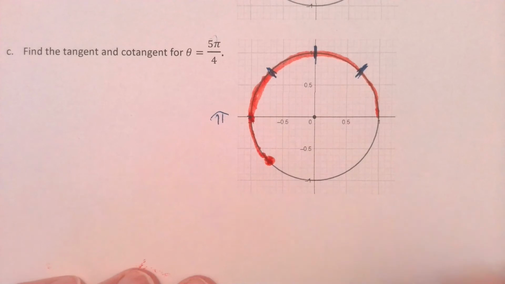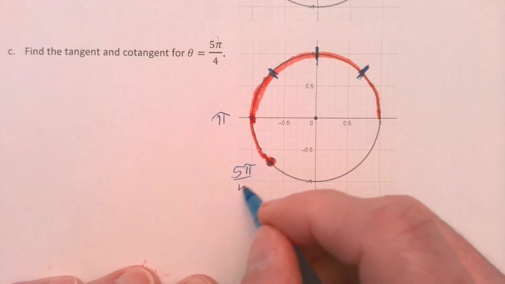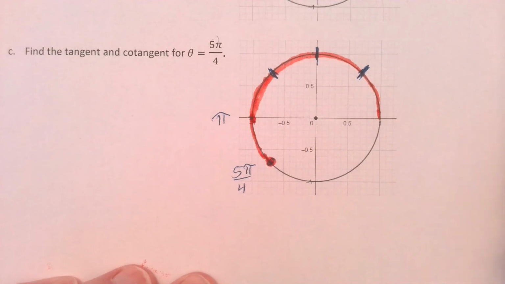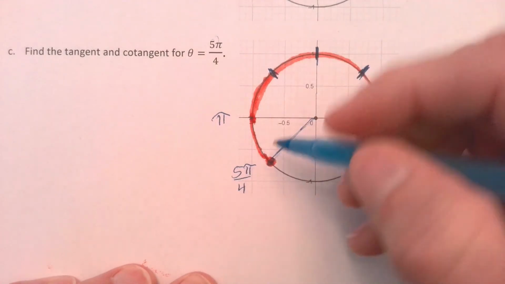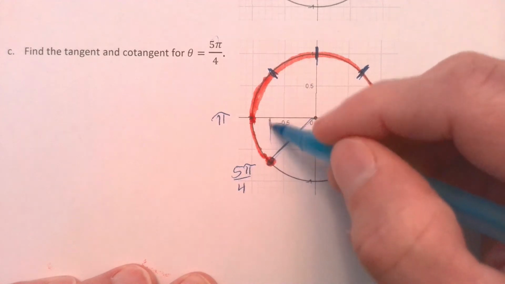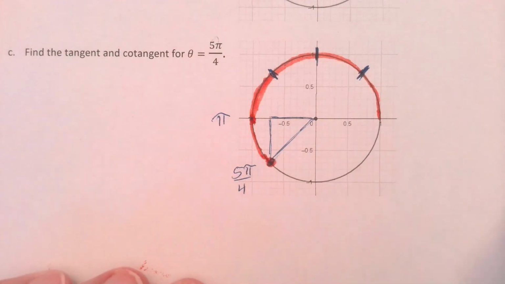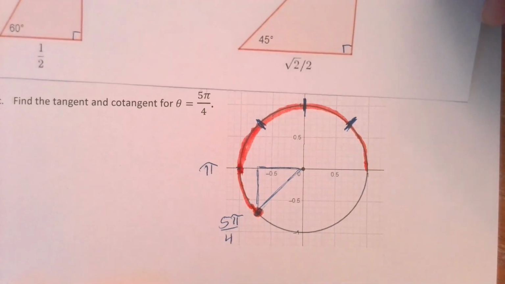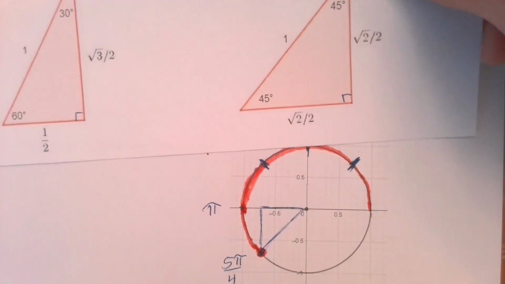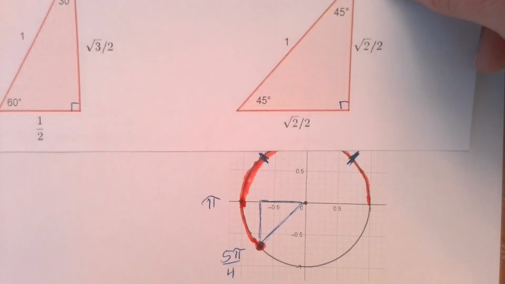Now, go ahead and draw from 5 pi over 4. Draw from the point on the circle back to the origin. From the point on the circle, draw straight up to hit the x-axis. And then from that point, draw over. Now, it may be a little bit hard to tell, but I think it's pretty obvious that we're using a different triangle this time. I think we're using the 45, 45, 90 isosceles right triangle, aren't we?